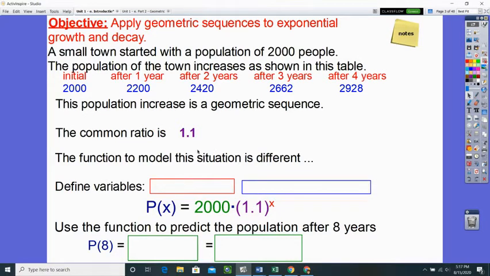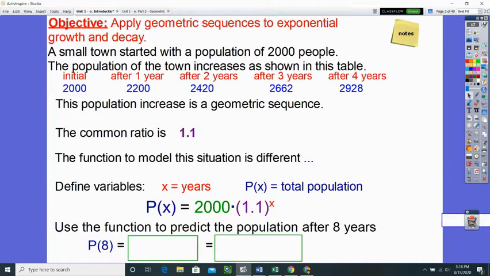Now remember I told you that this is a little bit different than before with our geometric sequences. So we're going to define our variables because it's a real world application. Our x, our input variable, is going to be the number of years, and our output variable, which I chose to be p of x, is going to be the total population, the 2,000. So remember that we write a sequence: there's our output variable equals the first term of the sequence.